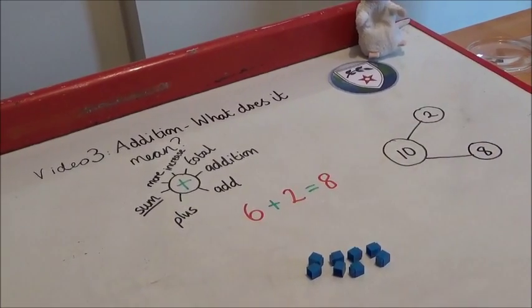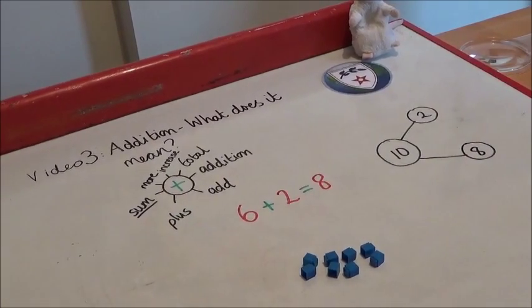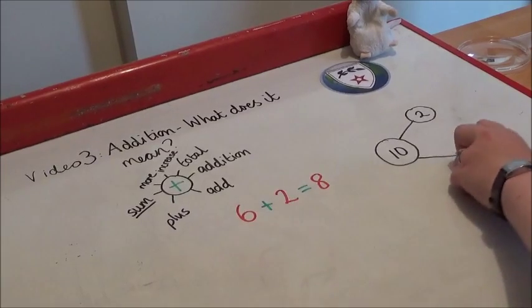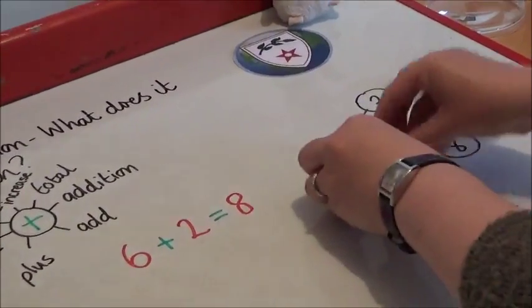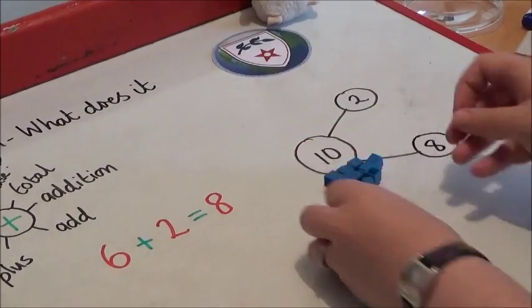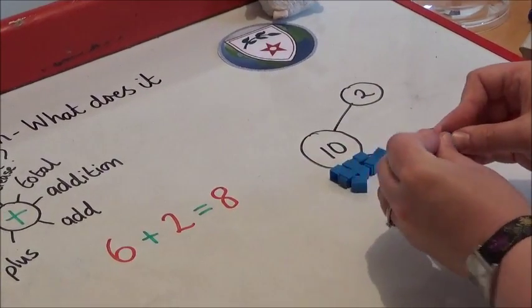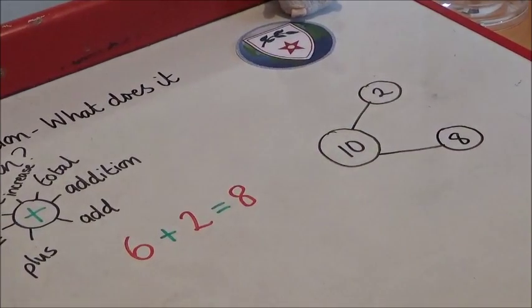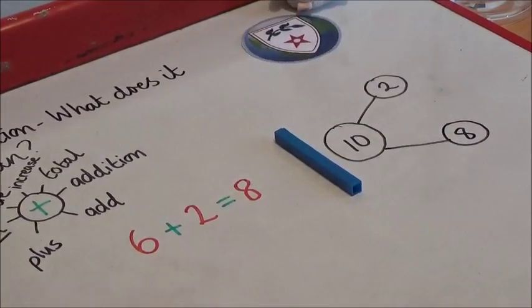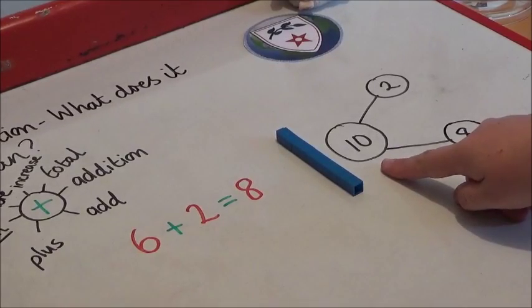If I get my base 10 out to show you what that means, here I've got 8 base 10, and I've got 2 here. When we bring those all together, in our part-part whole, we'd have to stick them together to make 10. And this is what a part-part whole is for.